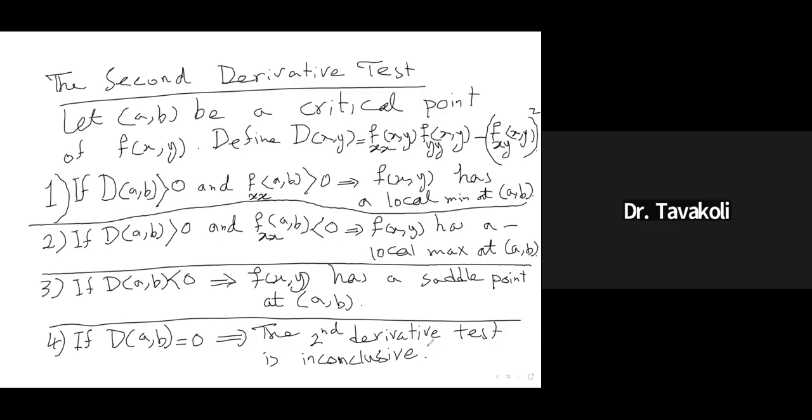It doesn't tell us whether at that point AB we have a local minimum, local maximum, or a saddle point.